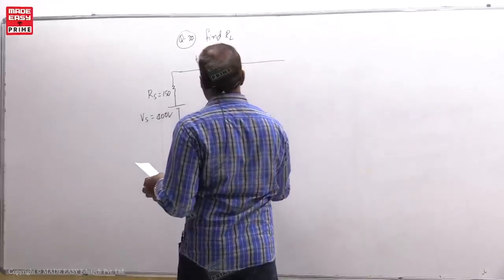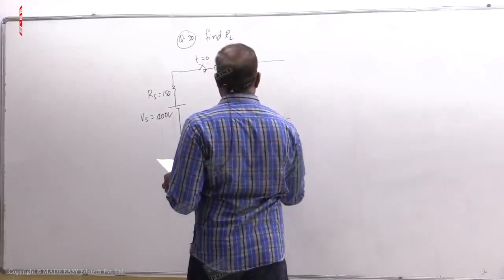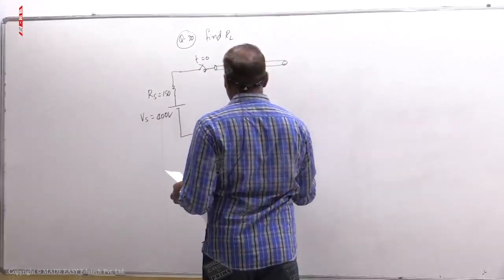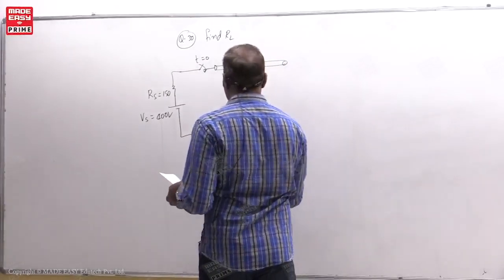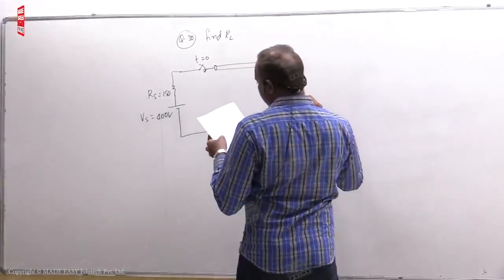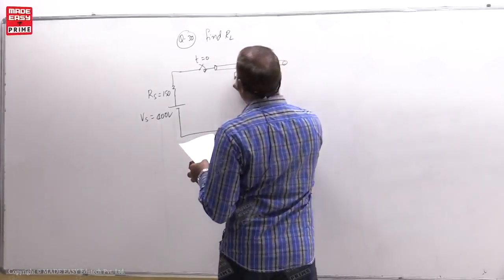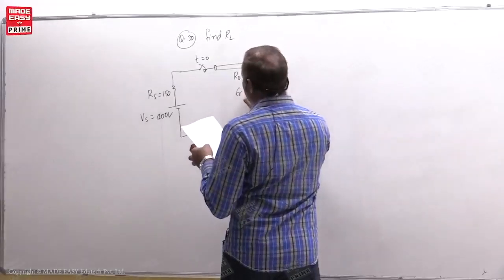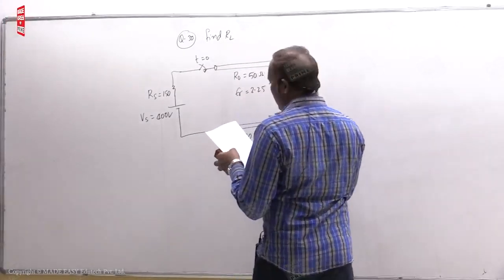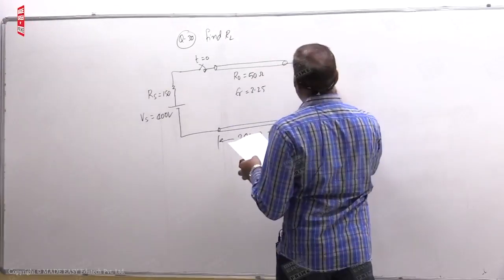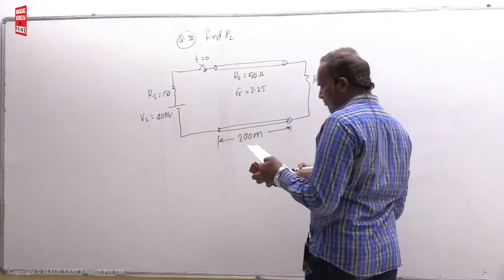Now there is a transmission line here. The length of the transmission line is given as 200 meter. Then the characteristic impedance is 50 ohm, and epsilon r is given as 2.25. Mu r is not given, which means mu r is equal to 1. RL is there.